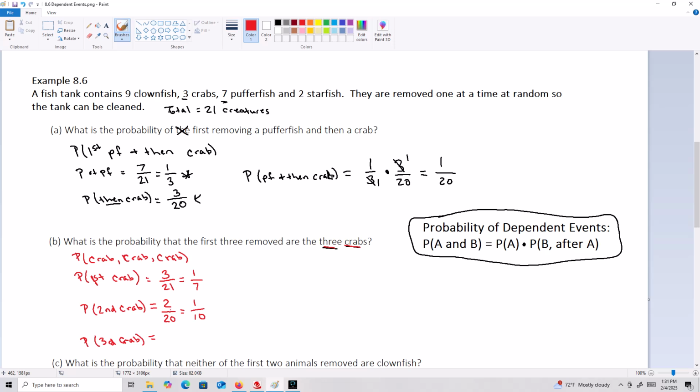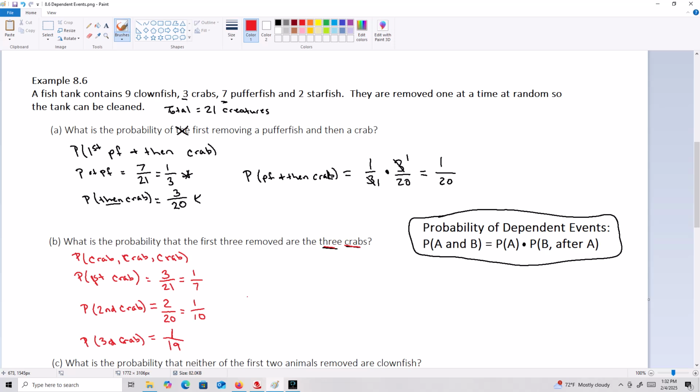So the second time, the chances of getting a crab would be 2 out of 20. And then if you got the crab that time, the chances of getting a crab coming up to a tank that has only 1 crab in it, and then we're down to 19 creatures, that's 1/19.